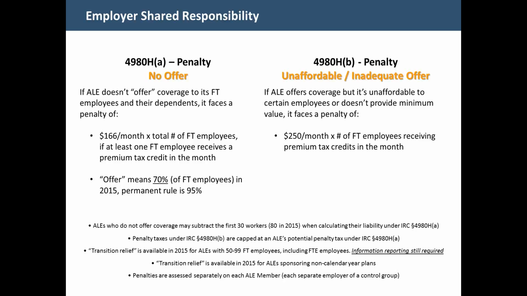A couple important notes to mention in determining 4980H liability are, 1, ALEs who do not offer coverage may subtract the first 30 workers, although that threshold is 80 in 2015, when calculating their liability under 4980H.